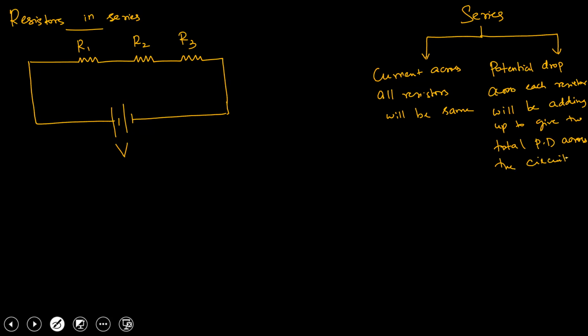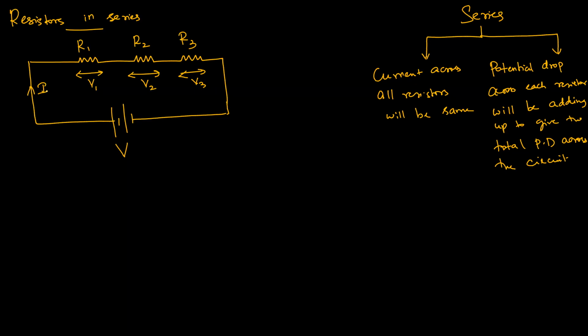Meaning, across each of R1, R2, R3, if I take the potential difference to be V1, V2, and V3, the second statement means the potential differences across each resistor add up to give the total potential supplied to the system. If I take the current supplied by the battery to be I, then I will be the same across each resistor.